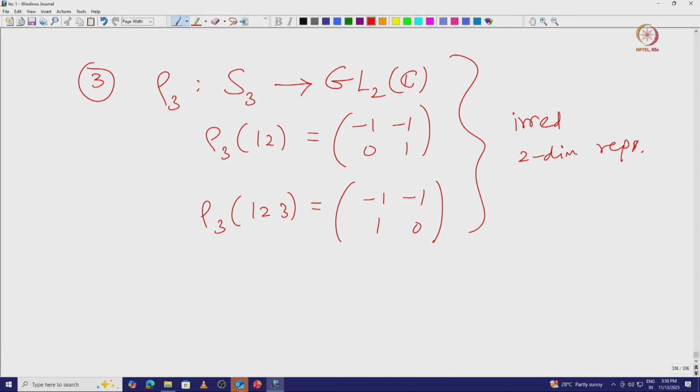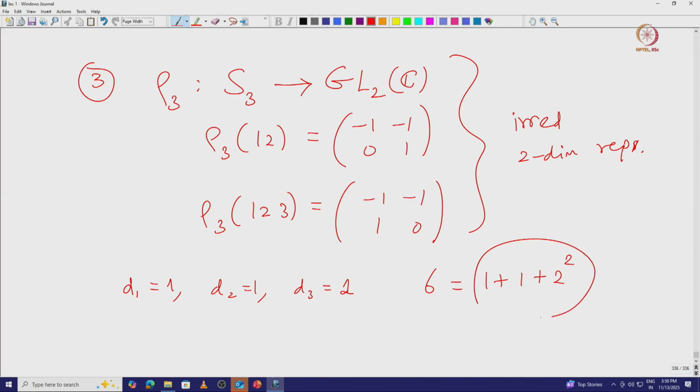Now, if you think about it, we have D1 is 1, D2 is 1 and D3 is 2, all of them irreducible representations of S3, and they are inequivalent, that is easy to verify. Now, using this equation, the cardinality of G equals the sum of d_i squared, we get that 6 is equal to 1 plus 1 plus 2 squared.